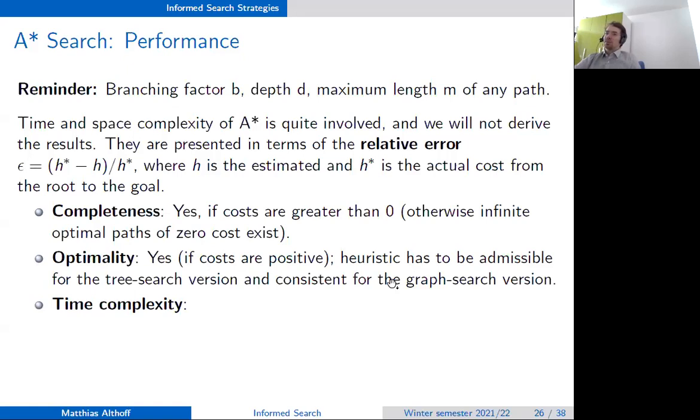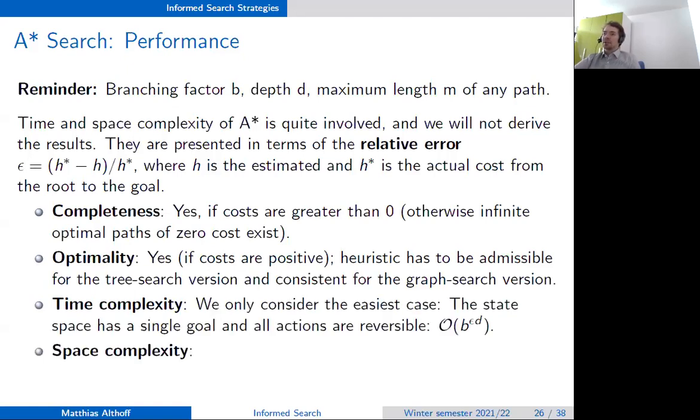Otherwise it wouldn't be an A-star search algorithm. And time complexity is b to the power of epsilon times d. So as I've mentioned, if epsilon approaches 0, then we have a very good heuristic.